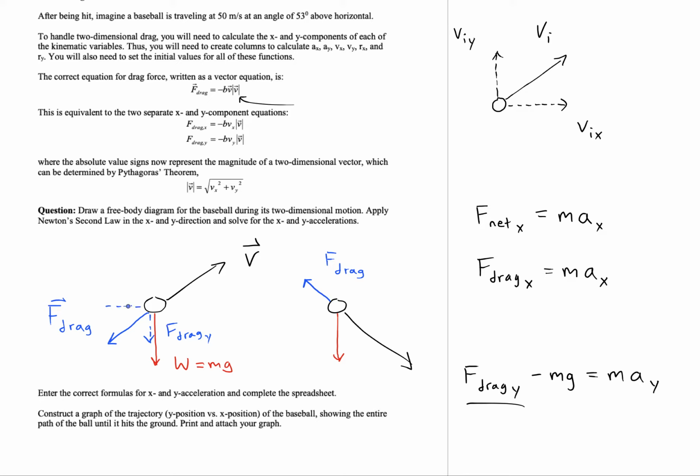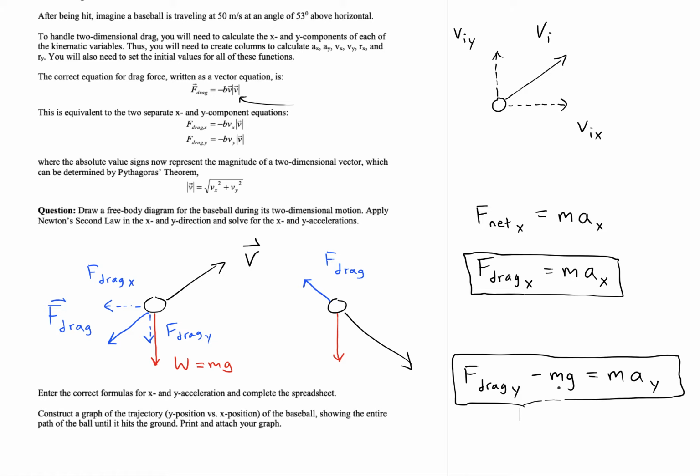And then this component would be the f drag x. All right. So we want this and this to be incorporated in our spreadsheet. Let's see if we can set it up.